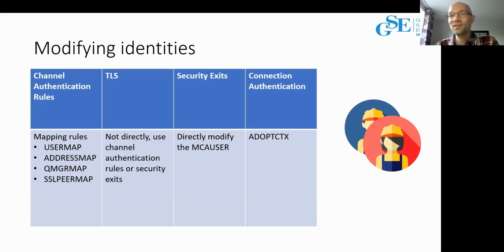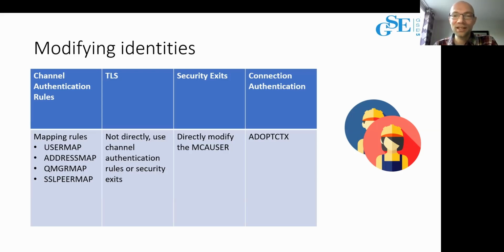Connection authentication, of course, is the one that is only valid for connections from an application to a queue manager. And there is a parameter in the connection authentication definition on the queue manager called adopt context. Now, what that does is to tell the queue manager whether it should adopt the user ID that is specified by the application in the MQ structure.